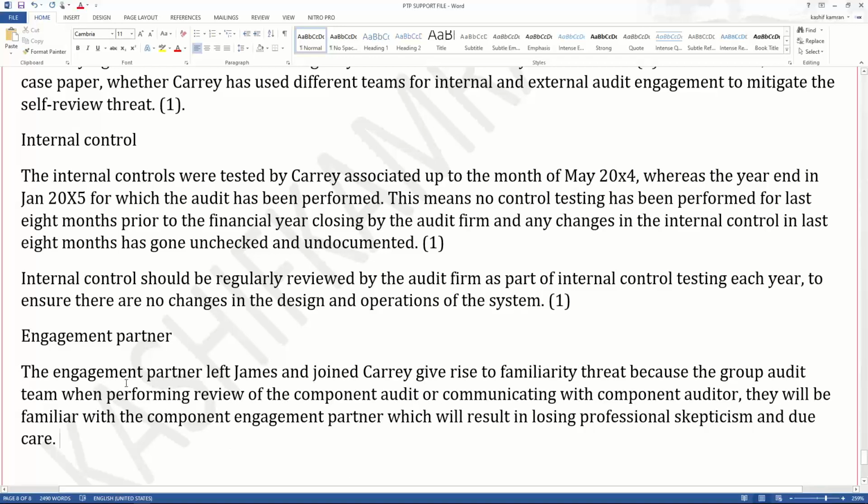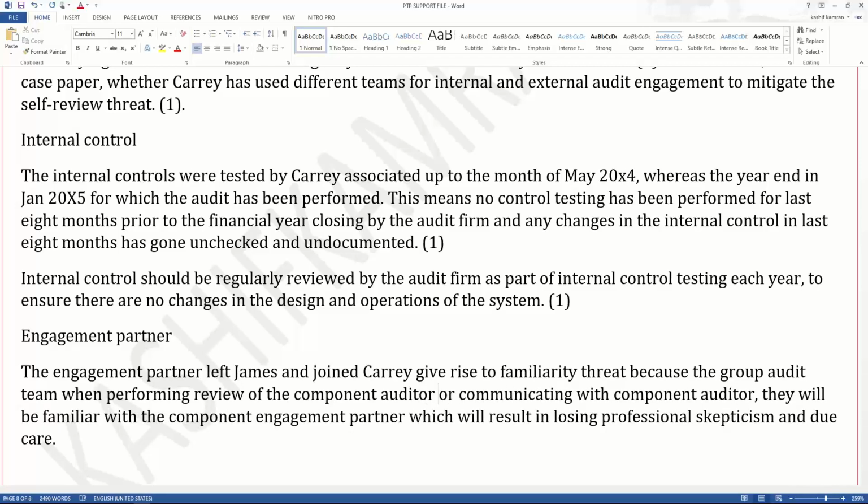So the engagement partner left James and joined Kerry, right? This gives rise to a familiarity threat, because the group audit team, when performing review of the component auditor, or communicating with the group component auditor, will be familiar with the component engagement partner.